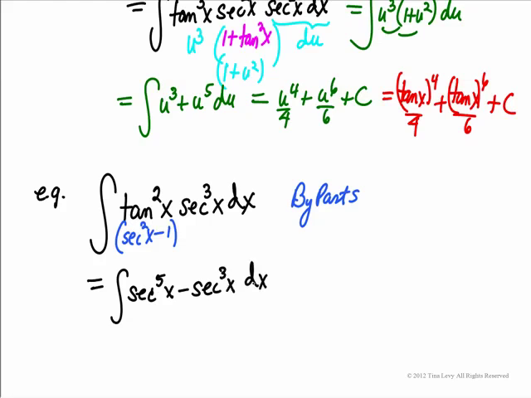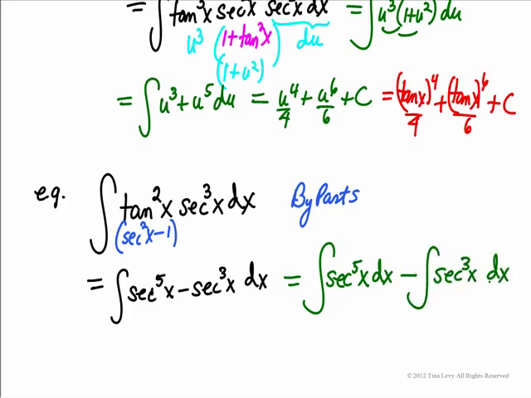I'm going to do both of these separately. So this is secant to the 5th x dx minus secant to the 3rd x dx. And it turns out that this integral, by integration by parts, is what's called a reduction formula. And we could look it up, but I'm going to show you.